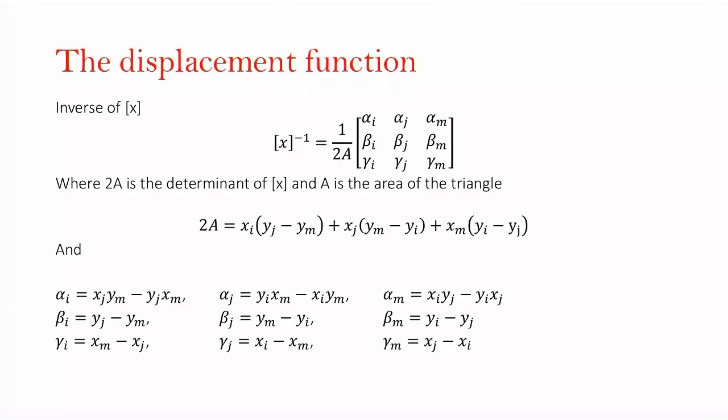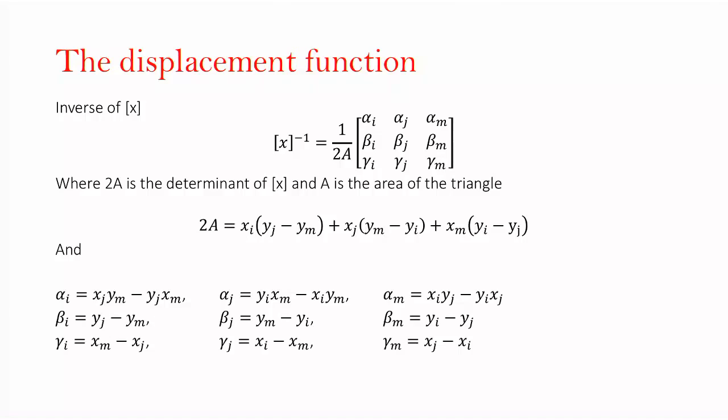So if you forgot how to invert a 3 by 3 matrix, you can just find it on the internet, please. Just update yourself if you forgot it. If you do the inversion here, you will get these equations. So A is the area of the triangular element. And for making the equations simpler, we define some parameters called alpha i, alpha j, and beta and gamma.